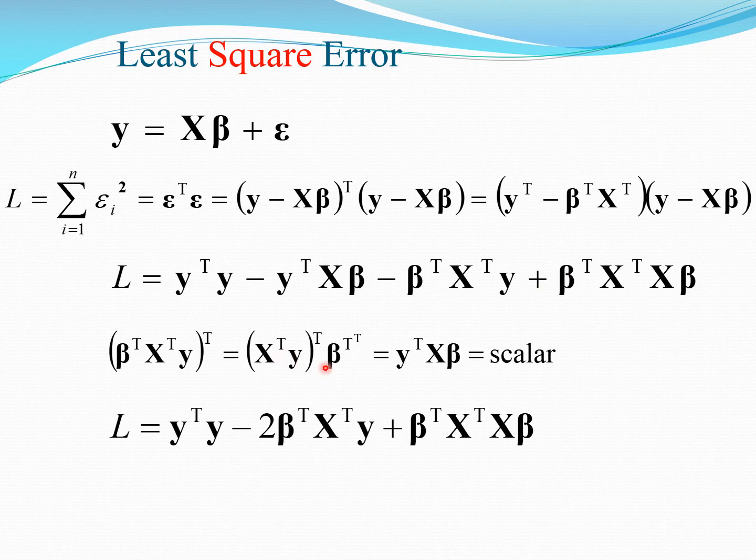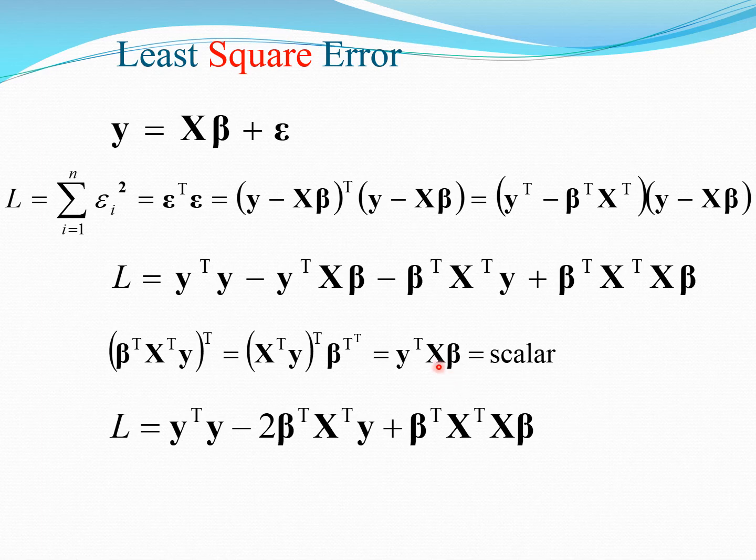Now one of the things we can do here is simplify this term. So we take this term here, that is beta transpose X transpose y, and we can take the transpose of this because all these terms are essentially scalars. And if we take the transpose, and again we use the fact that (AB) transpose is B transpose A transpose, therefore here we would get this thing going in front, so this would become y^T X beta, and we get this here as y transpose X beta.